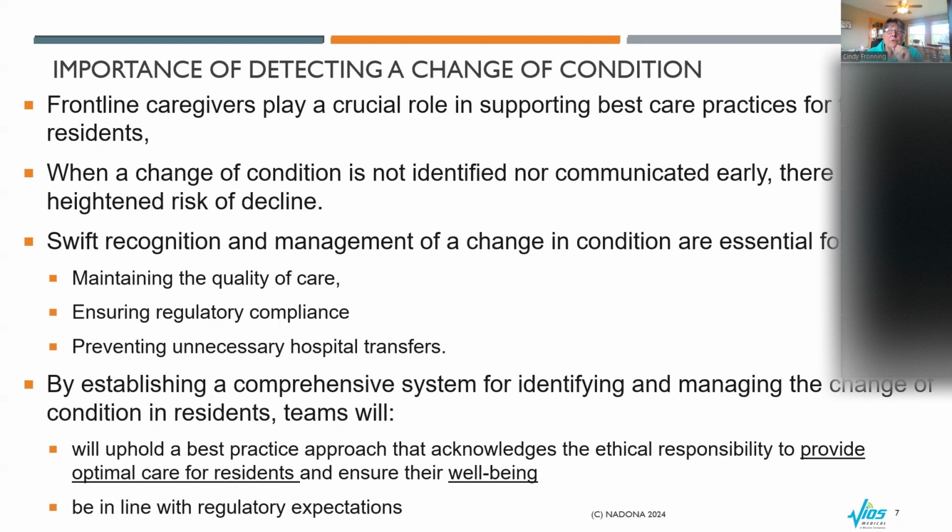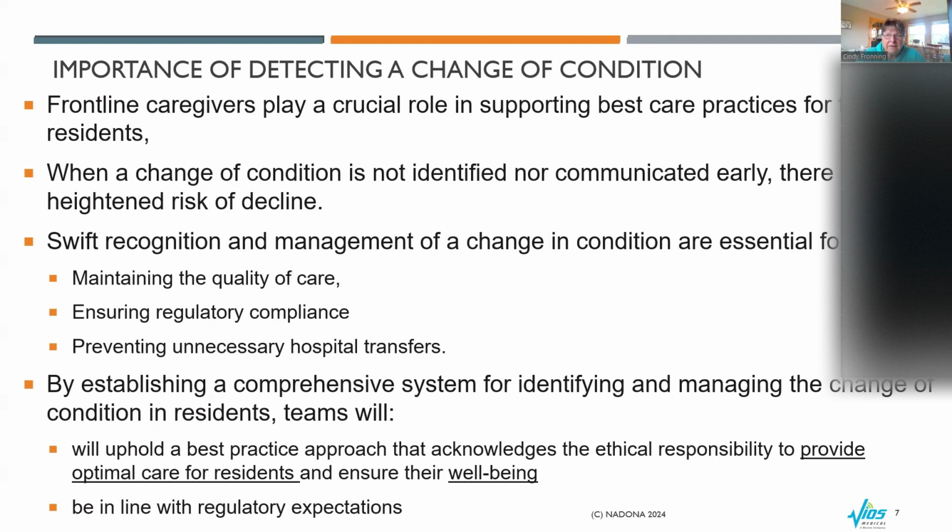So when that doesn't happen, when that identification isn't made or isn't communicated, obviously our resident then is at a very big risk of declining. That resident potentially could go very fast in their decline. So that swift recognition, and then not only recognizing it, but managing it, is essential.